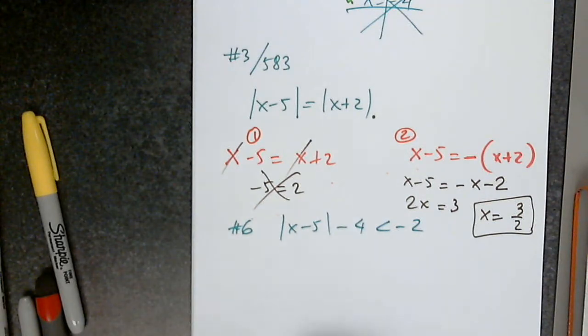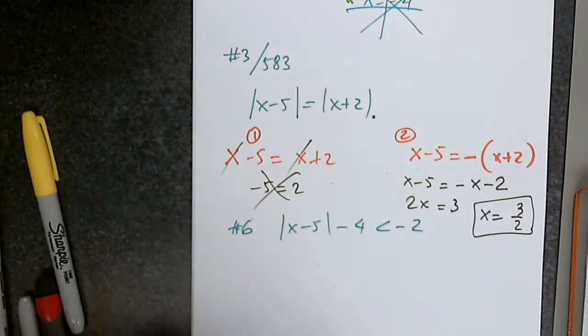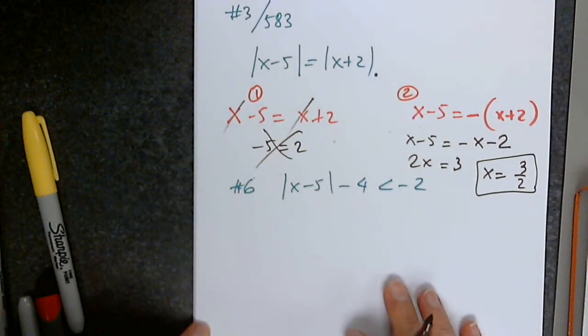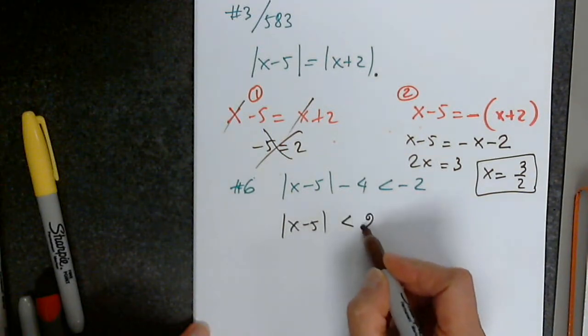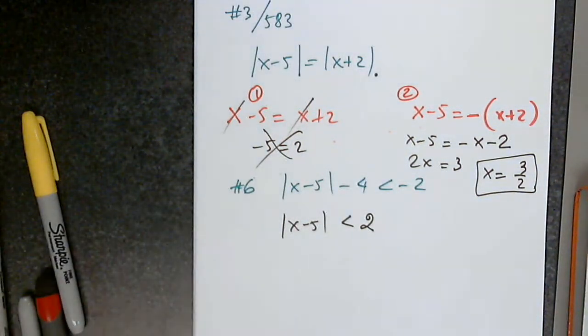So let's read this. But first it's not cleaned up, so we have to clean it up first. How do I clean this up? Exactly. The absolute value of x minus 5 less than 2. And now I read x minus 5 less than 2. So how do I translate this?